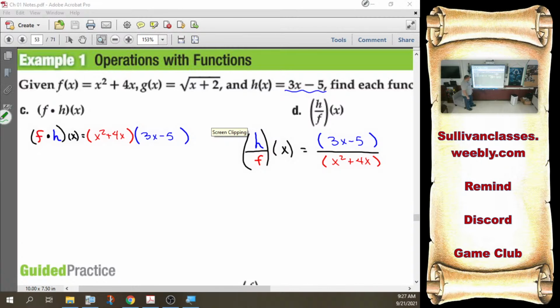The first one, just distribute, combine like terms. X cubed minus 3 plus 12 plus 7x squared minus 20x.